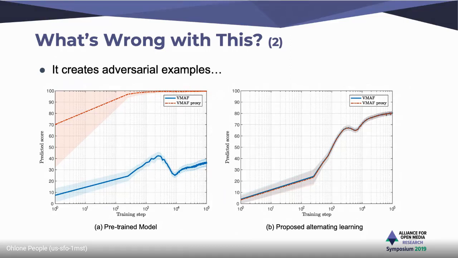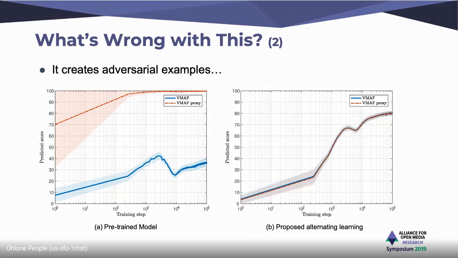In this slide I provide some numerical examples. There are two curves. The orange one is the score produced by the VMAF proxy, which is the neural network I built. The blue curve is the true VMAF score. The x-axis is the training step in log scale.